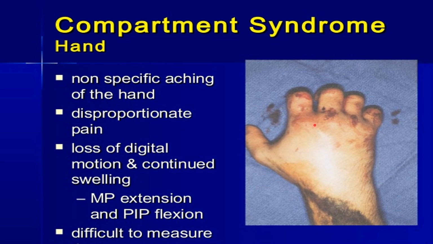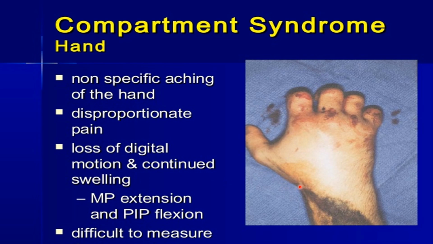Compartment syndrome can occur anywhere in the body. It can also occur in the legs, feet, arms, and since these compartments are present in the hand, it also occurs in the hand. In compartment syndrome, the fascia cannot stretch, so it causes increased pressure on the capillaries, nerves, and muscles in the compartment, and blood flow to the muscles and nerves is disturbed.